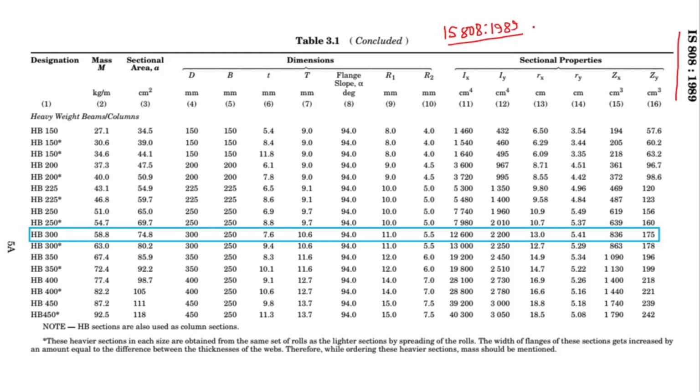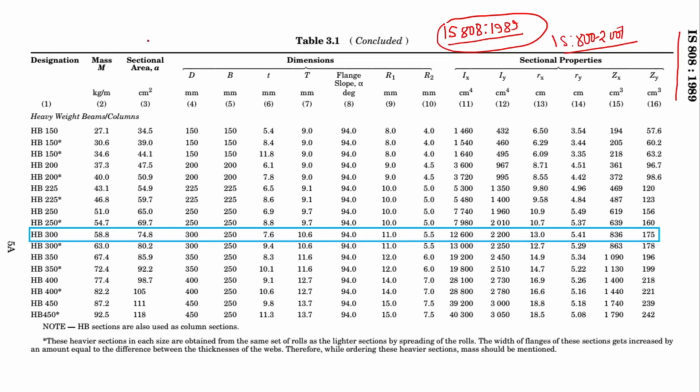Along with IS 800 2007, which is for steel design, you also have to use IS 808 to get the dimensions and sectional properties of the steel sections available in the market.